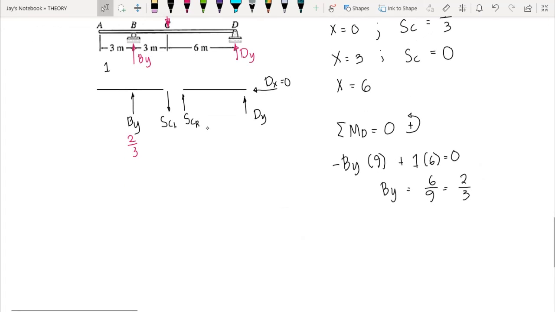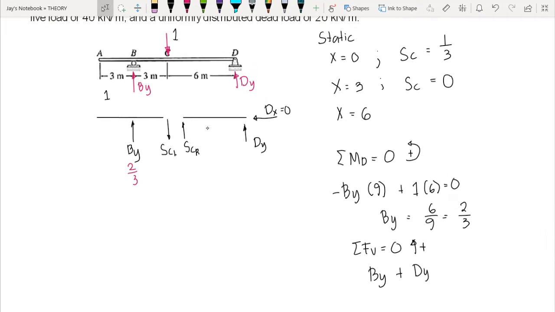And for dy, we just need to sum up forces vertical, and all the forces acting upward are positive. So we have by plus dy minus 1 is equal to 0.